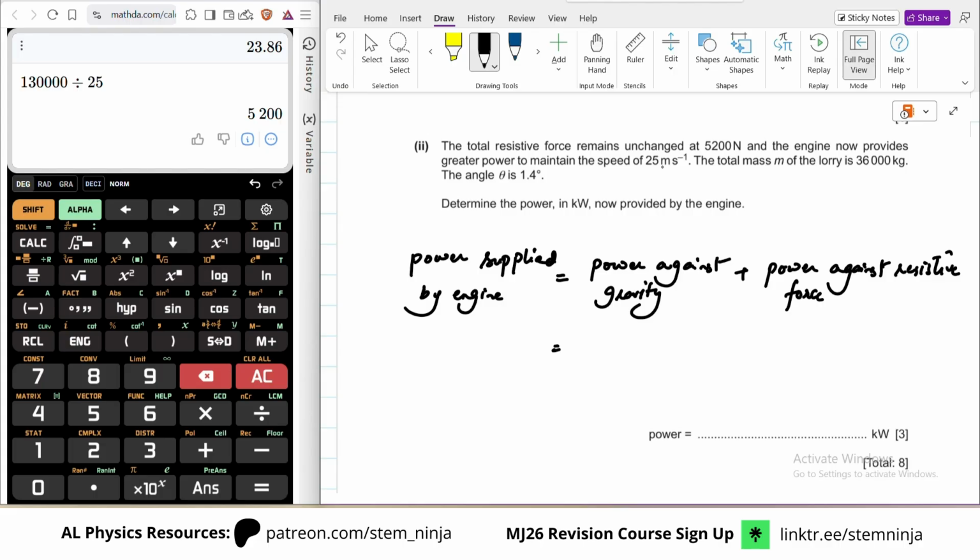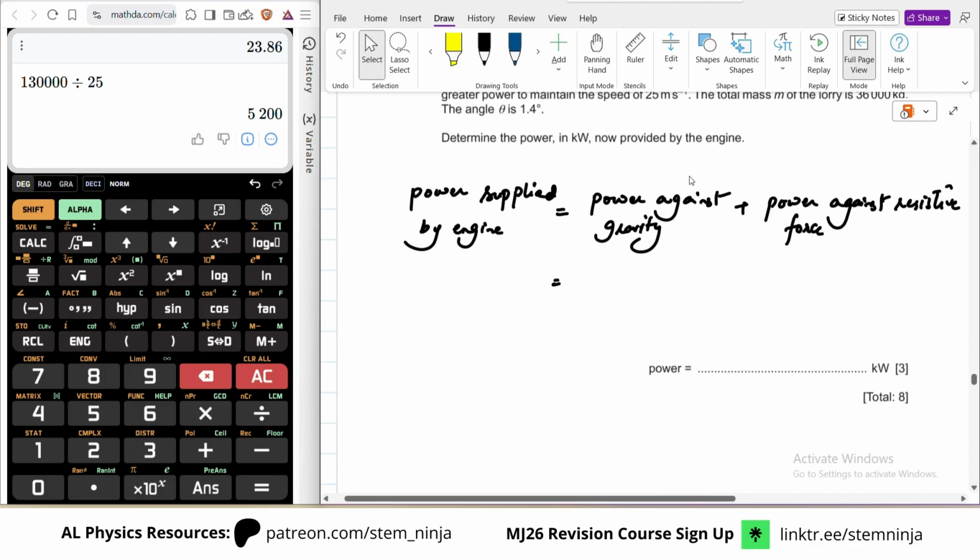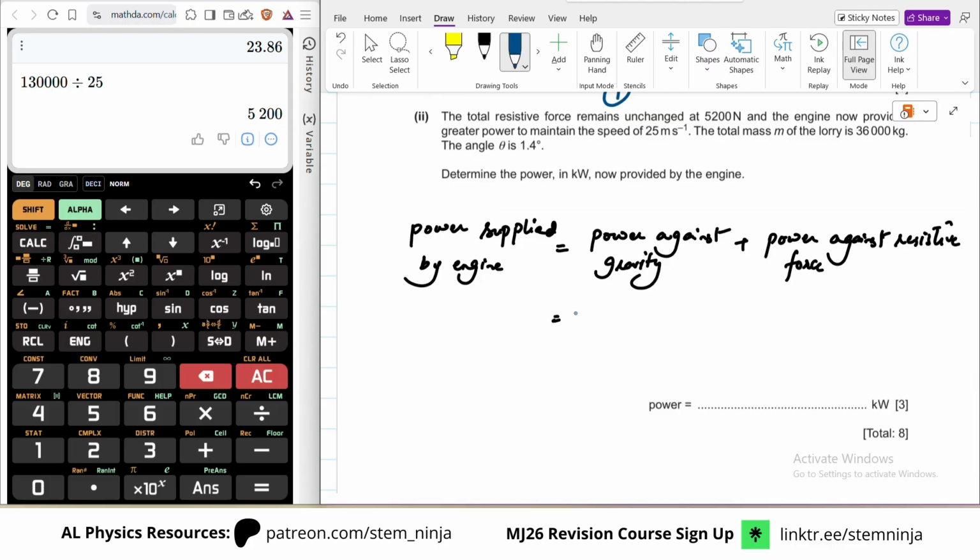Okay, so power against gravity, we need to figure out the work time, right? Or just simply Fv. So Fv, we just wrote it mg sine theta, right? So m is 36,000, g, sine 1.4 degrees times velocity 25, plus 5,200 times 25.